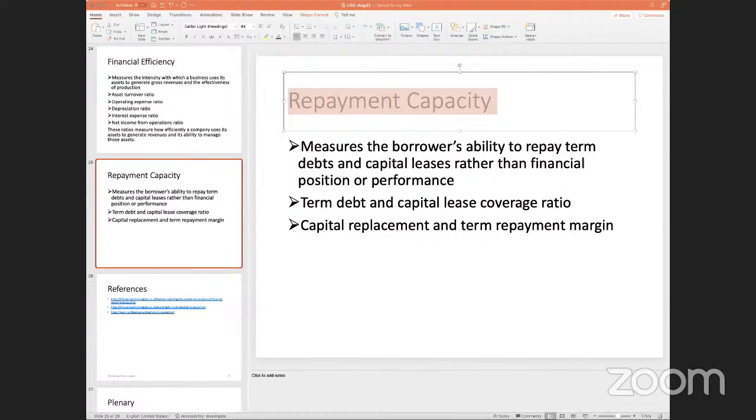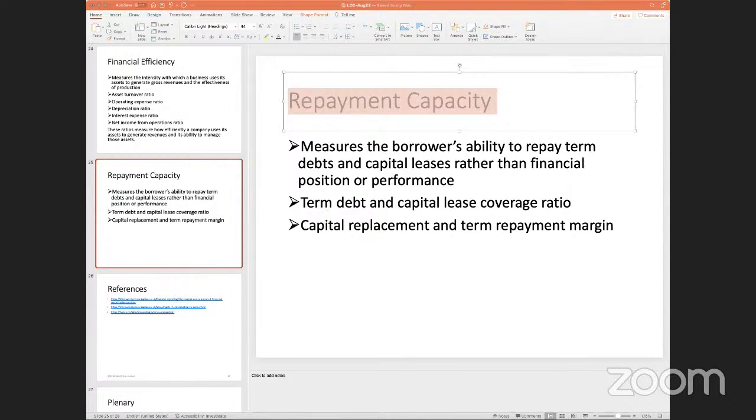But if they see that defaults have been happening on regular payments of loans or mortgages that you've taken out earlier, then they would consider looking at your application again, because they would see that the repayment capacity of the individual, or in this case the company, is not there to be able to pay its loans or its debts back on time. And that would be something the lender would look at from the point of view of giving you a further loan, or the ability to borrow from the market.